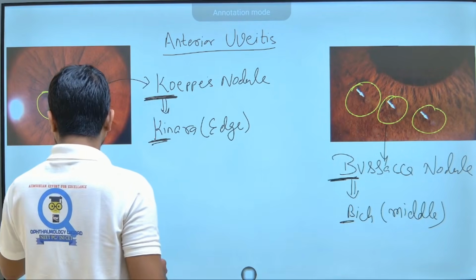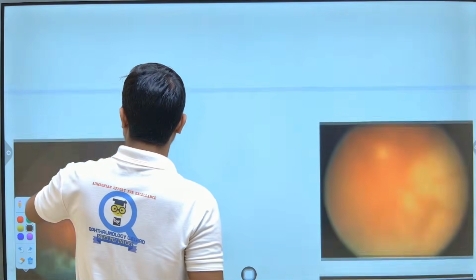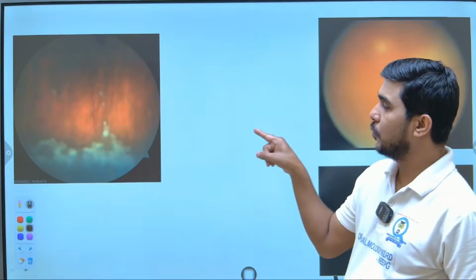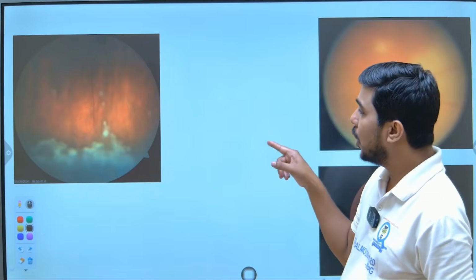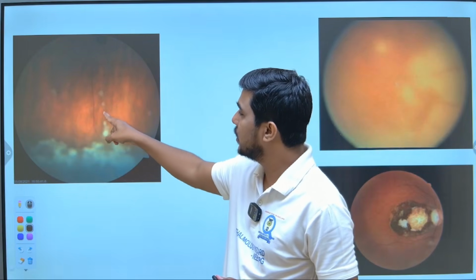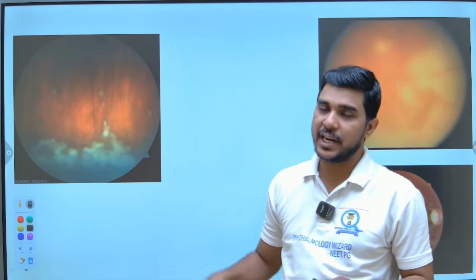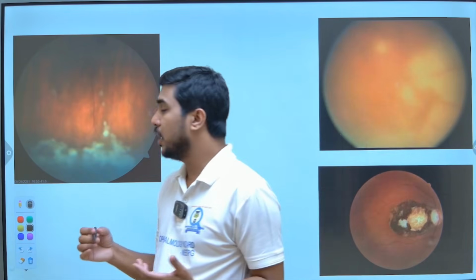Now coming to this condition, you can see that there is a fundus photo and some yellow lesions. You can see yellow lesions here, and there is an accumulation of yellow lesions inferiorly. So what are these yellow lesions?